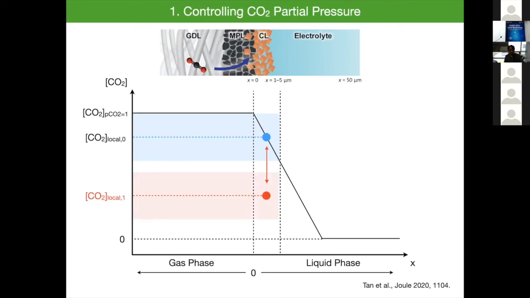In order to control this local CO2 concentration in the catalyst layer, the obvious way is to decrease the CO2 partial pressure. Then you can decrease the local CO2 concentration, as appears in the red dot.